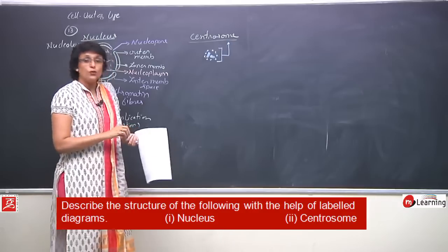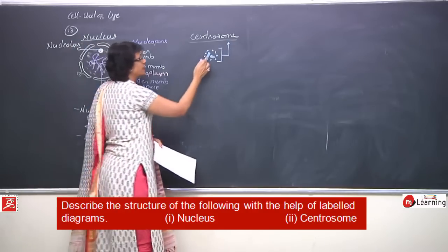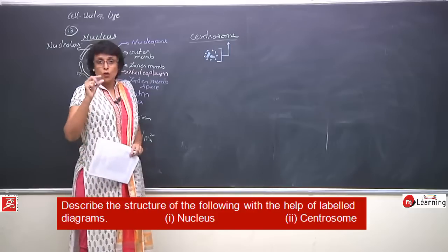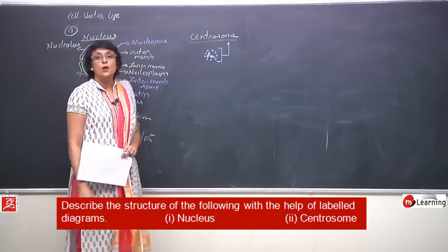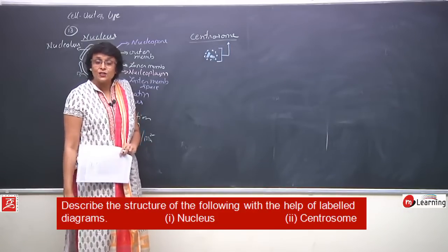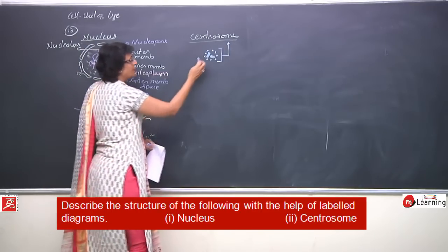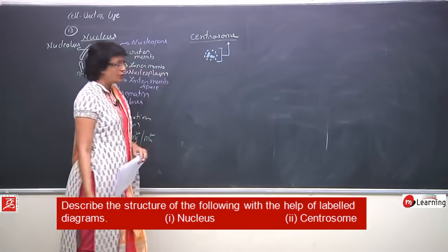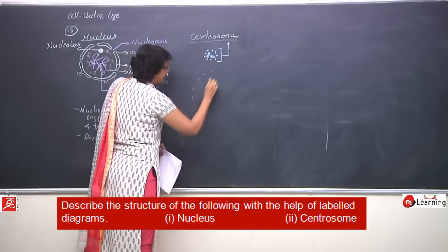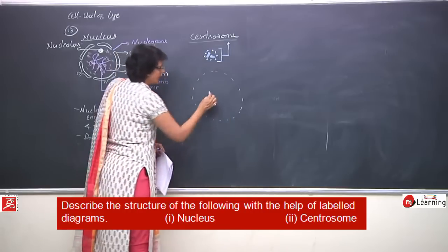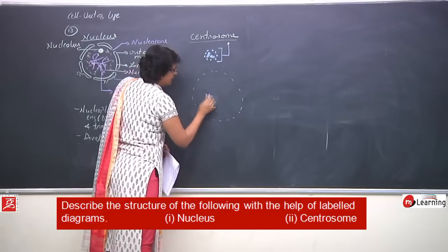Now, in the centrosome, the most important part is the centriole. There are two centrioles, rod-like structures, placed at right angles to each other. If one is vertical, the other is horizontal. There are 9 peritubular fibers, the tubulin ones. In the center there is a hub.